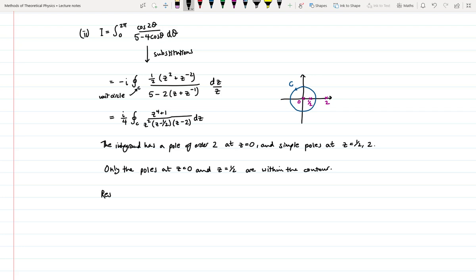Let's begin with the residue at z equals 0. We're after the residue of z to the 4 plus 1 over z squared, z minus a half, z minus 2.